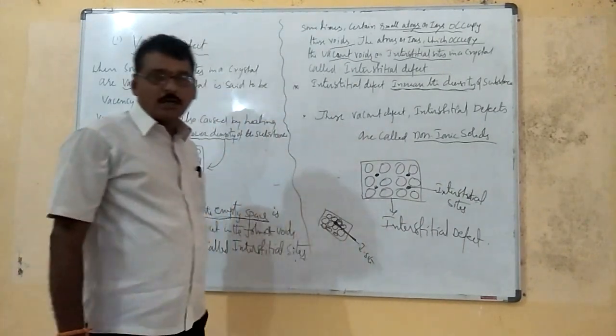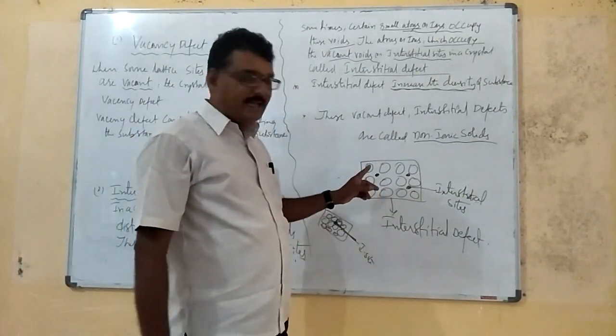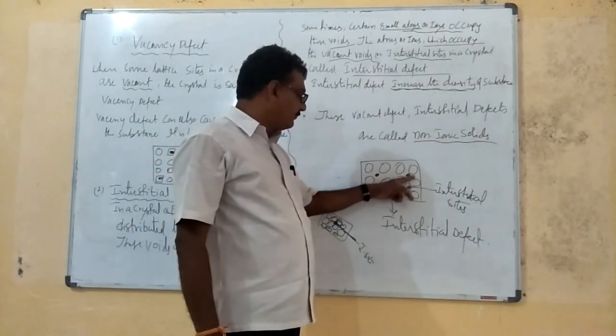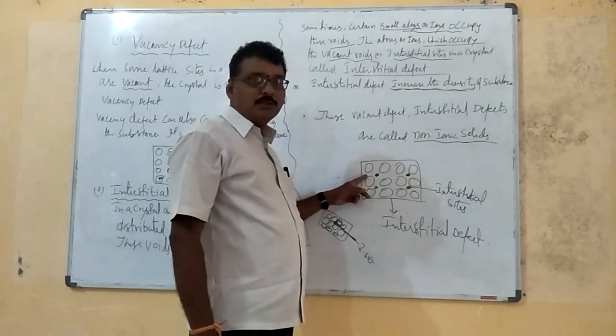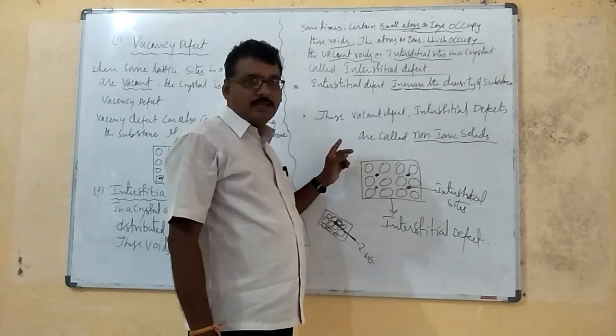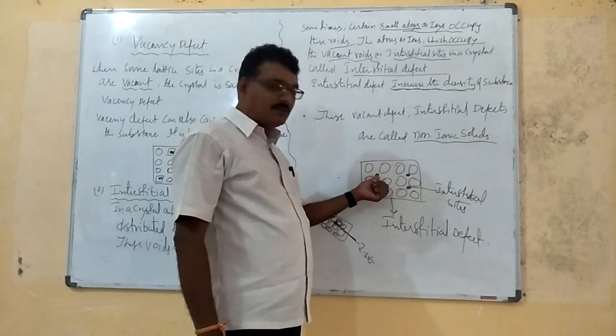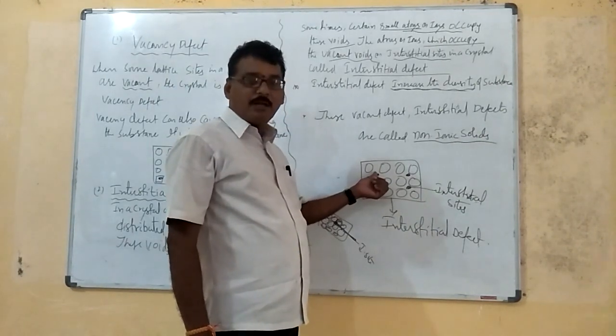What are the non-ionic solids? Here you can see the diagram. These constituent atoms are arranged in a regular arrangement, which is called a crystal solid. In that crystal solid, voids will be formed in between.